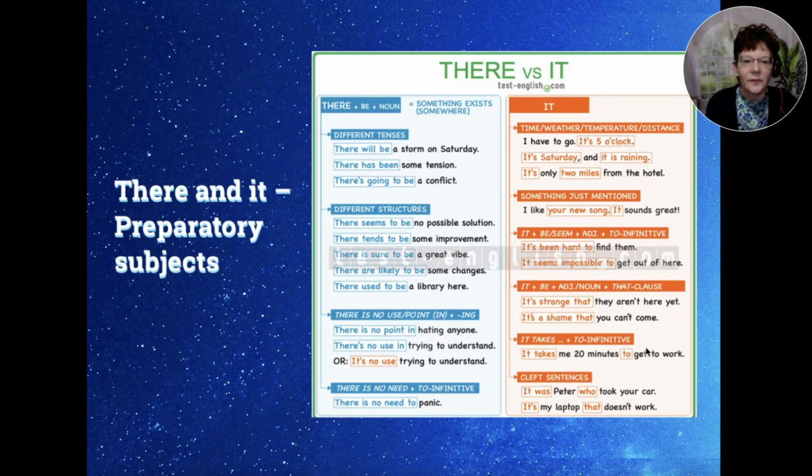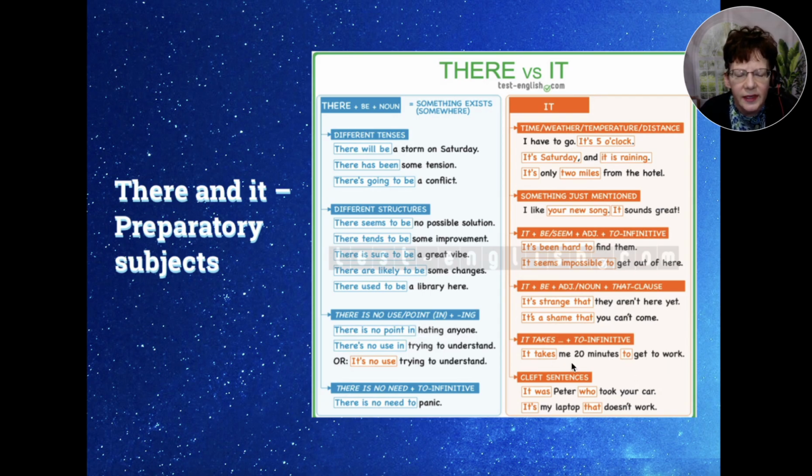For example, it seems strange that they aren't here yet. Or it's a shame, noun here, that you can't come. We also have it takes, and then the rest of the sentence plus to infinitive. So for example, it takes me 20 minutes to get to work.